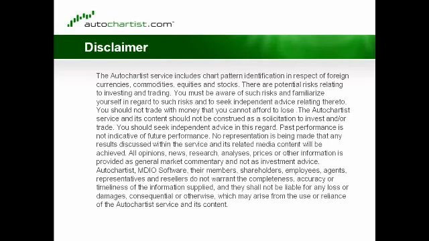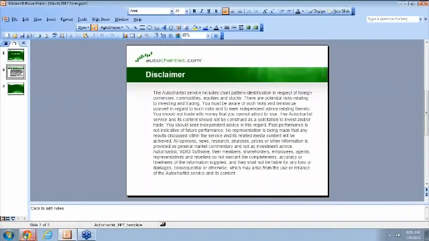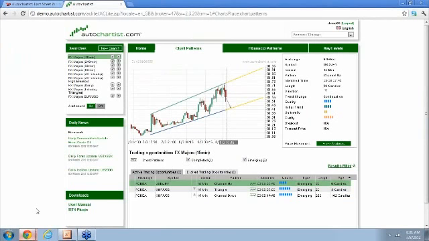Okay, the first thing we want to look at is the AutoChartist platform, and it's designed to be very easy to use. You don't really have to know anything about technical trading to trade the platform. It does help if you have a background in the basic mechanics of Forex trading. You should be familiar with the terminology of support, resistance, breakouts, things like that.